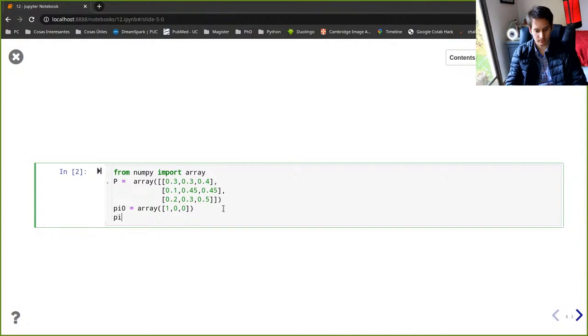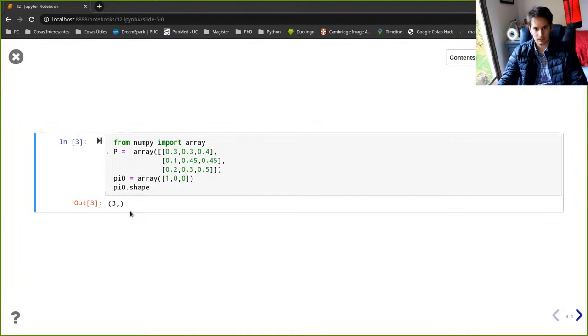Let me check the shape of this first. And let's see what happens if I do this.